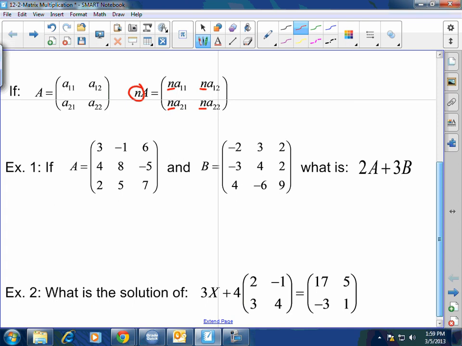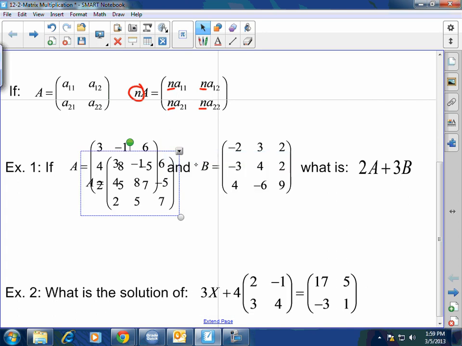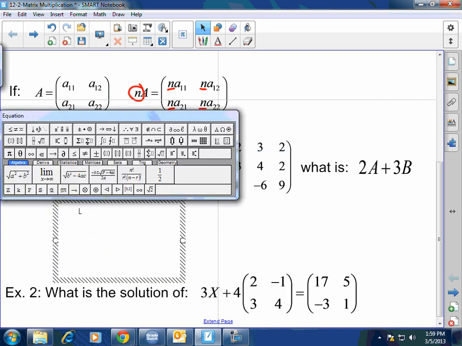I have matrix A and matrix B. I want to find 2A plus 3B. So I want to find 2A plus 3B. Okay, let's go ahead and take this. Let me clone this guy here.